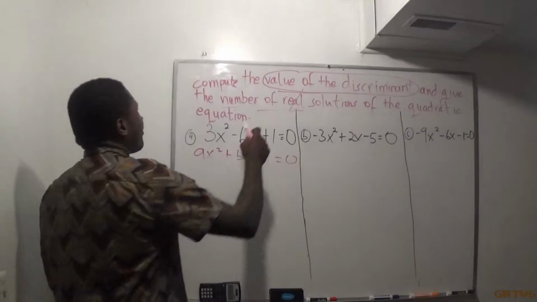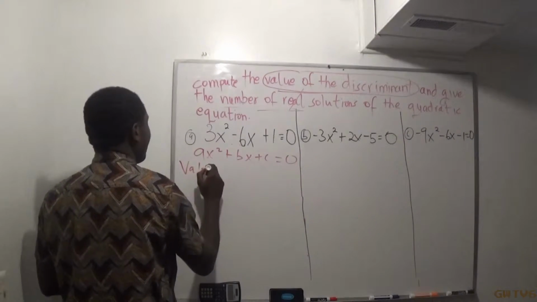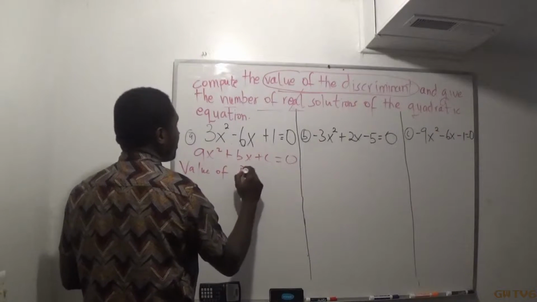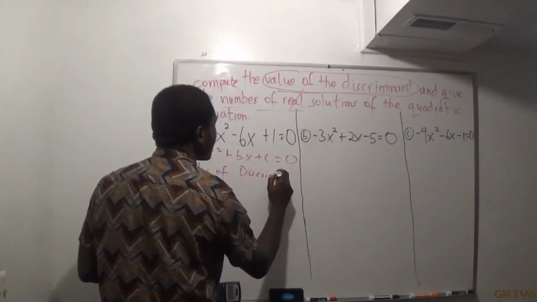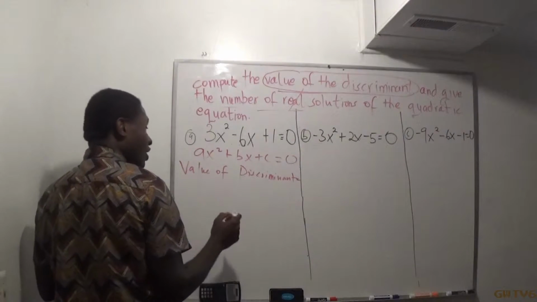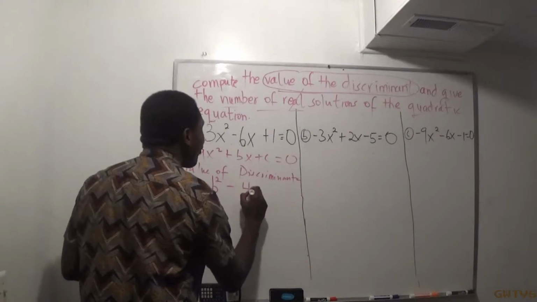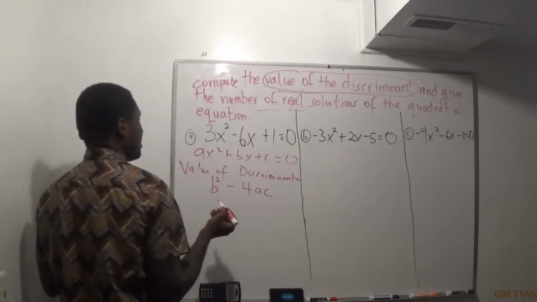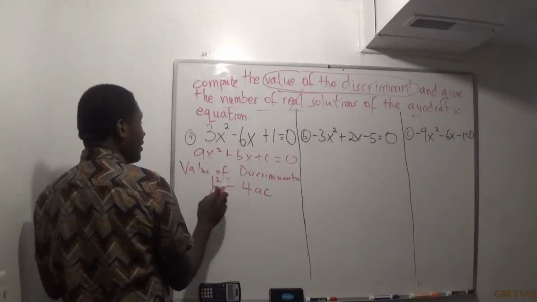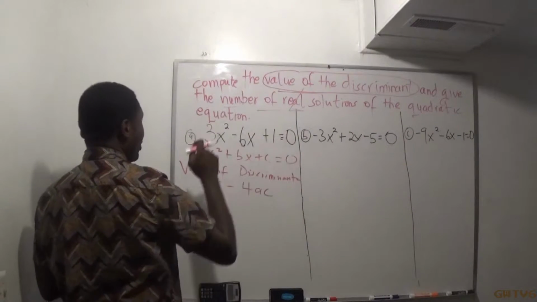So how am I going to find the value of the discriminant? I remember that the formula is b squared minus 4ac. So I have to just plug in the values for b, a, and c from the quadratic equation right here.